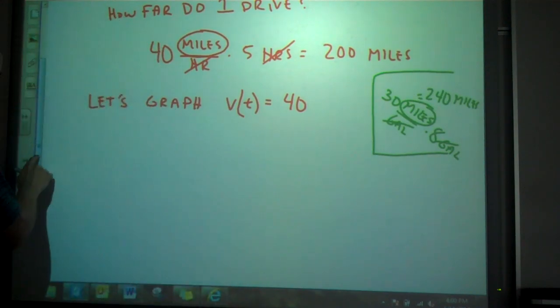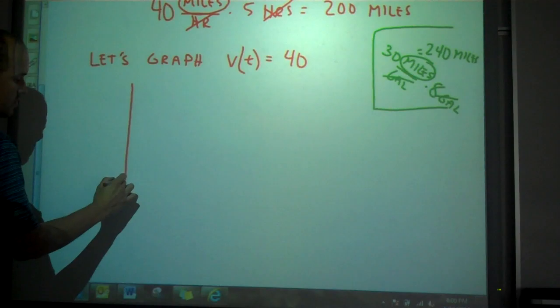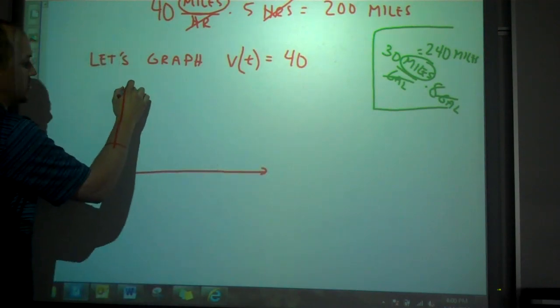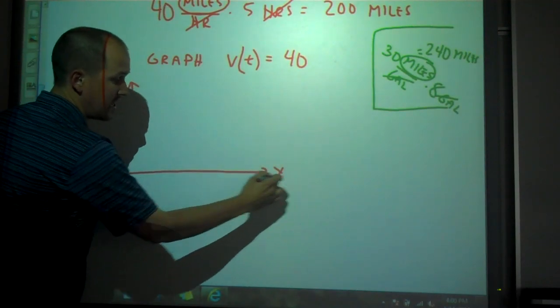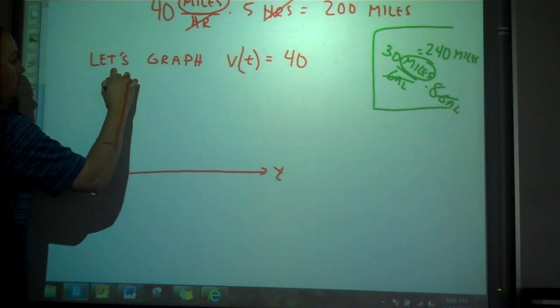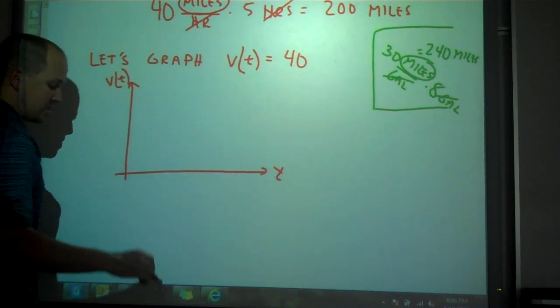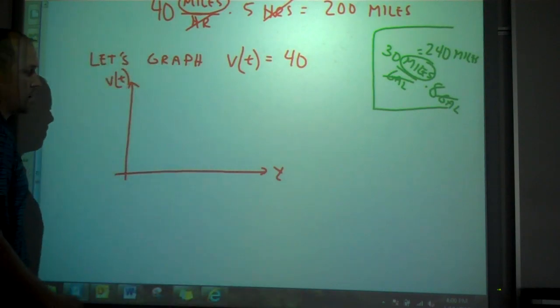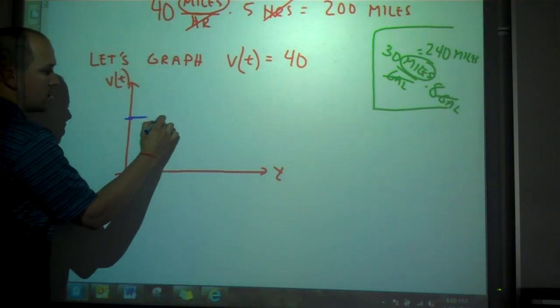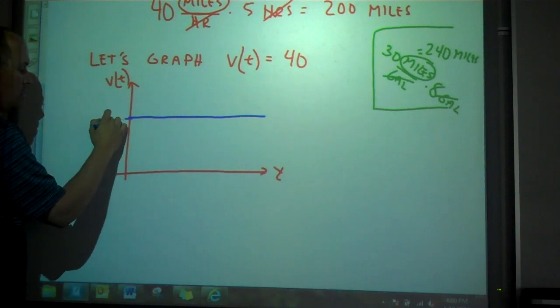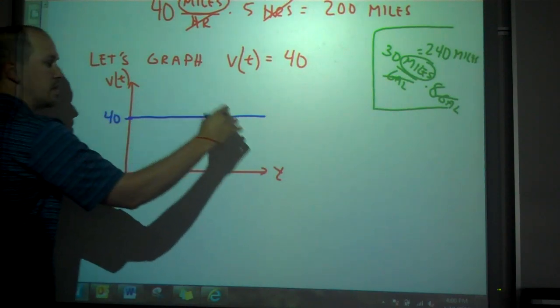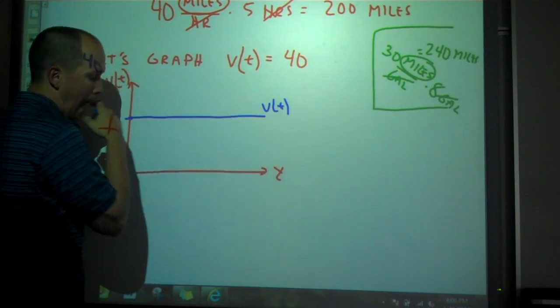Let's graph that. I'm going to sketch a graph here. I'm going to use t for my x-axis and v, my velocity, for my y-axis. To graph that, I'm just going to draw a horizontal line at 40. This is v of t.